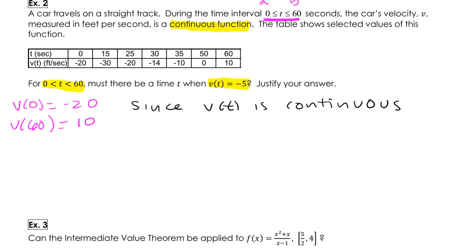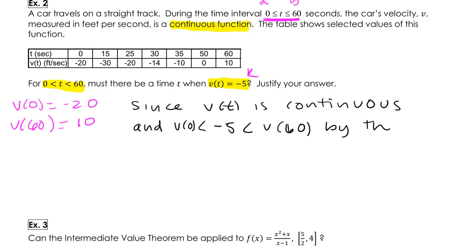So double check on these problems. We're talking about V. So since V is continuous, and remember we wanted K between f of A and f of B, this is our K, the -5. So then we can say -5 is between -20 and 10. The -20 and the 10, was that V of 60? Yeah.